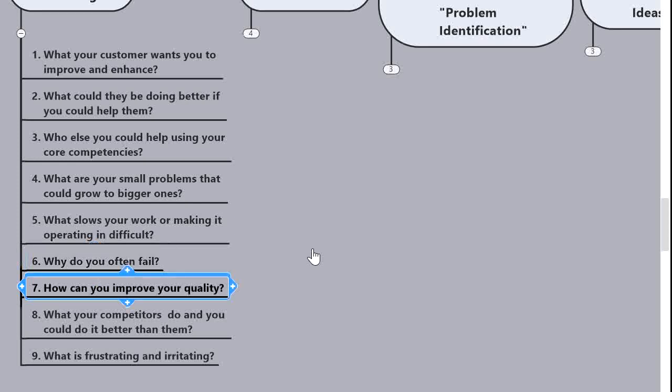How can you improve your quality? Of course, quality is a very big topic, and we talk here about how to minimize cost while at the same time delivering a high quality product or service. And this is a usual thing of how to continuously improve the quality of your product or your service, and this is very important. But it's not coming from space or emptiness.